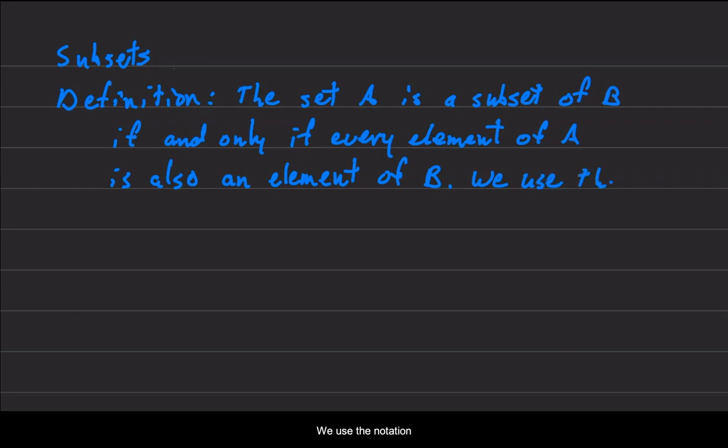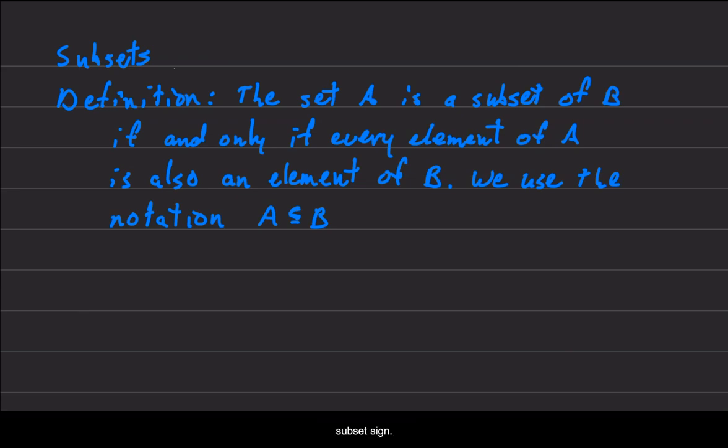We use the notation A is a subset of B. Notice that looks very similar to less than or equal to, but it's not a point on this. This is rounded.